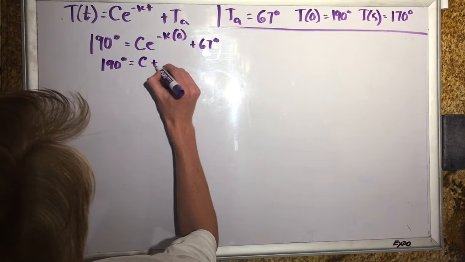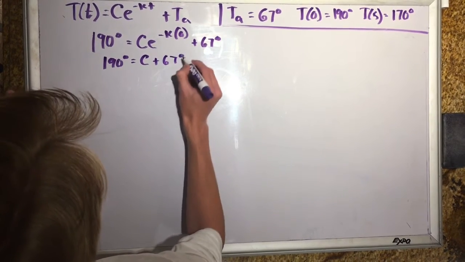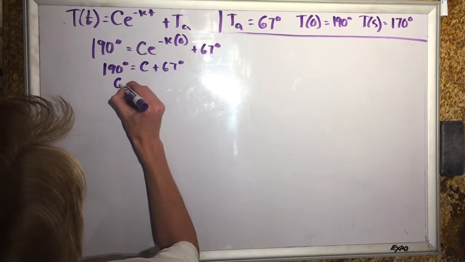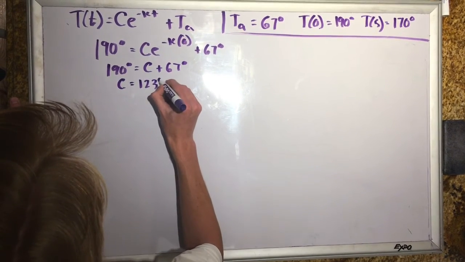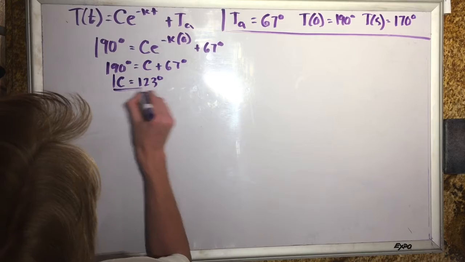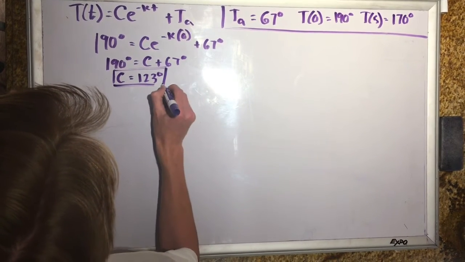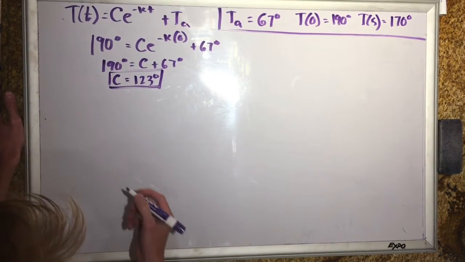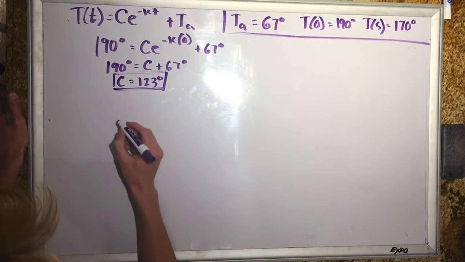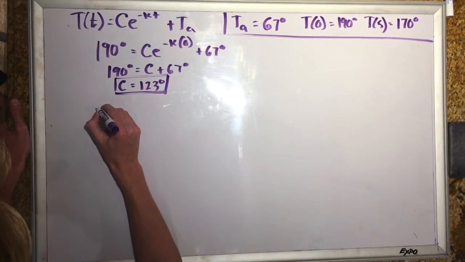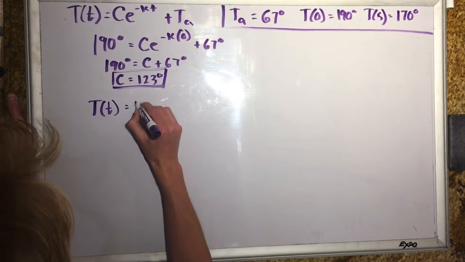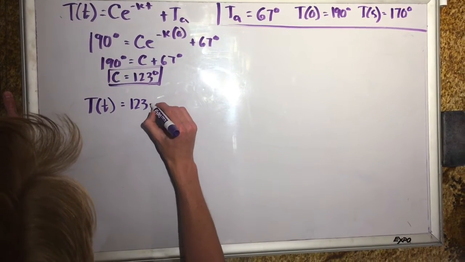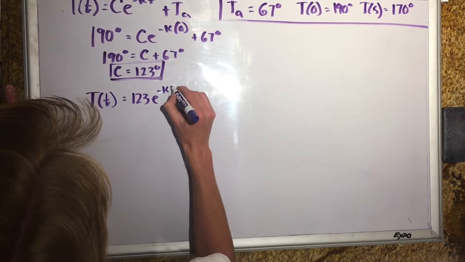Because C is a constant, this means that C is equal to 123. Now we have our particular solution, which is T is equal to 123 times e to the negative kt plus 67.